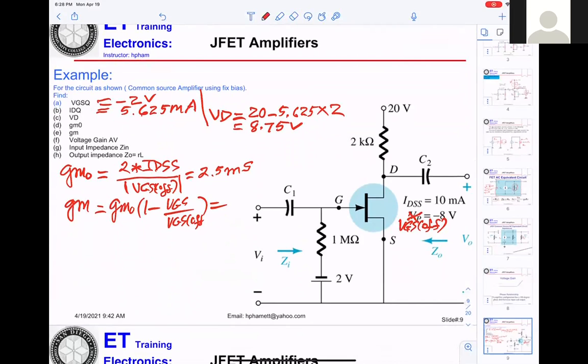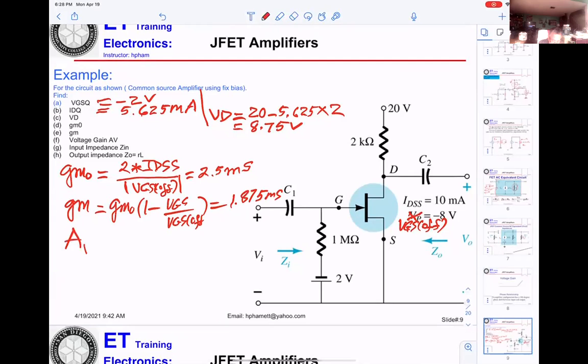I got 1.875 millisiemens. Me too. Agreed. If you get the same or a different answer, please let us know. We want to get the correct answer.